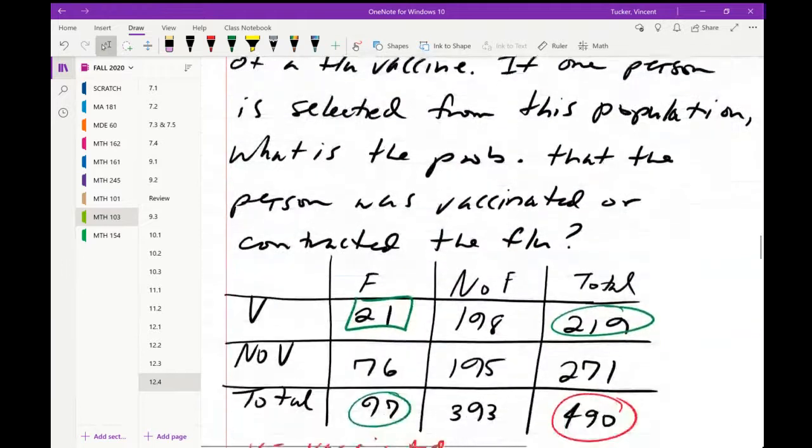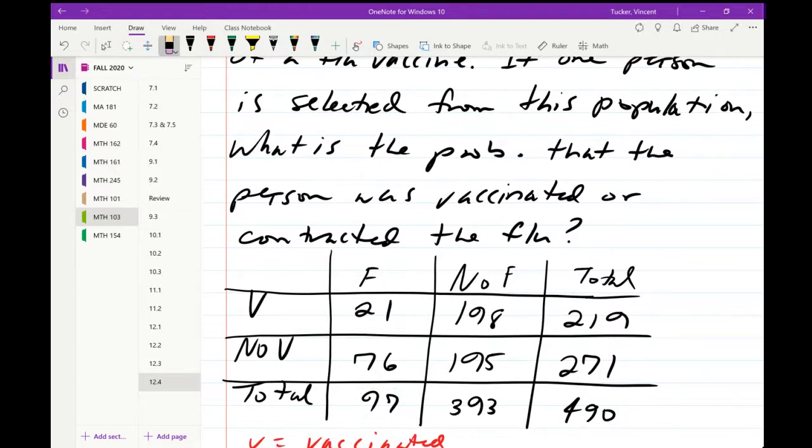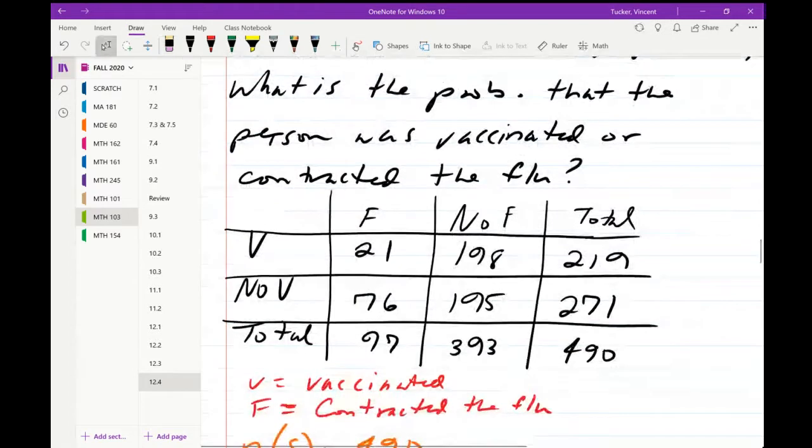All right, so here's the table. Let me erase. So V represents the vaccinated, F represents those who contracted the flu.